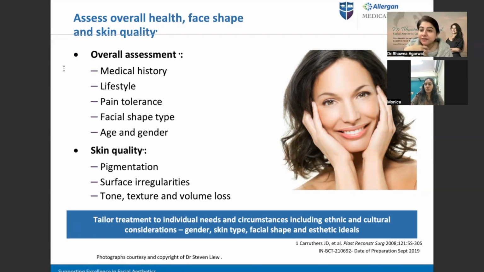Then you might have lifestyle concerns: drinking, smoking, sleeping habits, stress levels. All these impact the face. After the age of 30 or 35, if you haven't slept well, it's seen on your face. It's very obvious on the face. If you don't eat well, it is seen on your face.